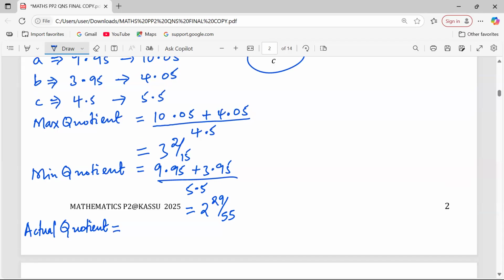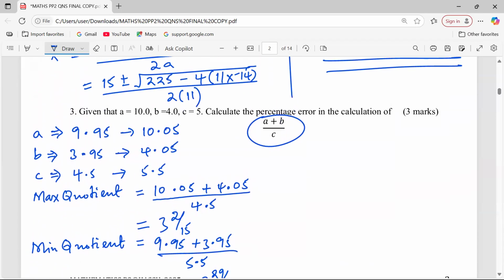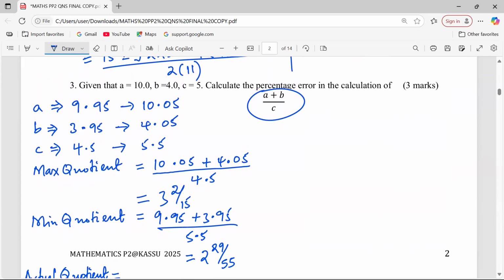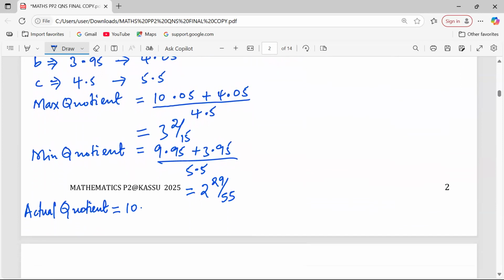The actual quotient is going to be the quotient of the terms as they have been recorded. 10.0, 4.0, and 5. Just as they have been captured. And this is 2.8.